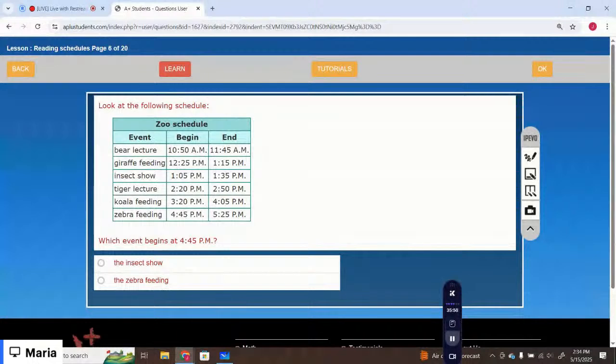Look at the following schedule. Which event begins at 4:45? The correct option is the zebra feeding. Option number two is the correct option. That is the zebra feeding.